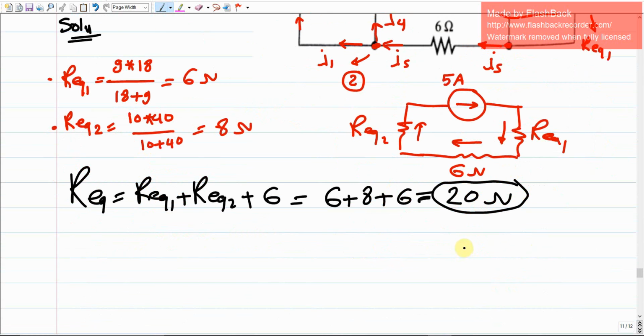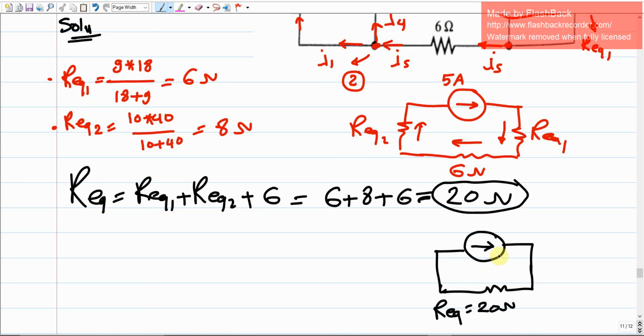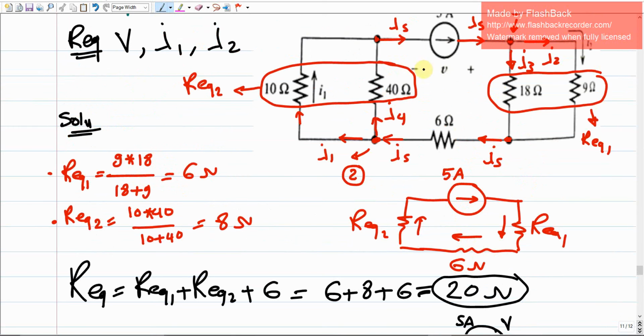Now we end up with this very simple electrical circuit. We have a current source, and we have an equivalent resistance, just R equivalent of 20 ohms. There should be V, the voltage over this source, and it has a current of 5 ampere. It is required to calculate this voltage.